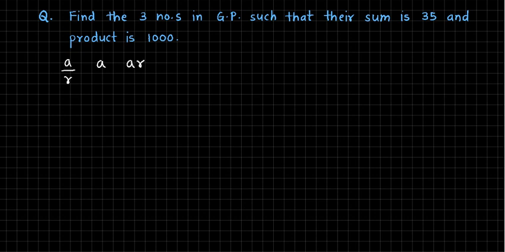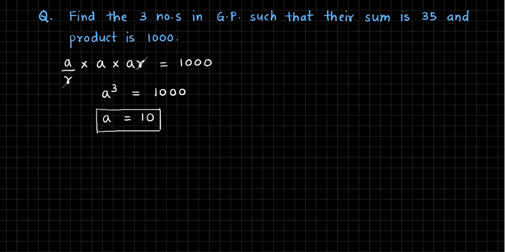Right? Because when we take the product of all these, which is given to be 1000, we will see that R gets cancelled. So we have A cube equal to 1000, which readily gives us A to be equal to 10.